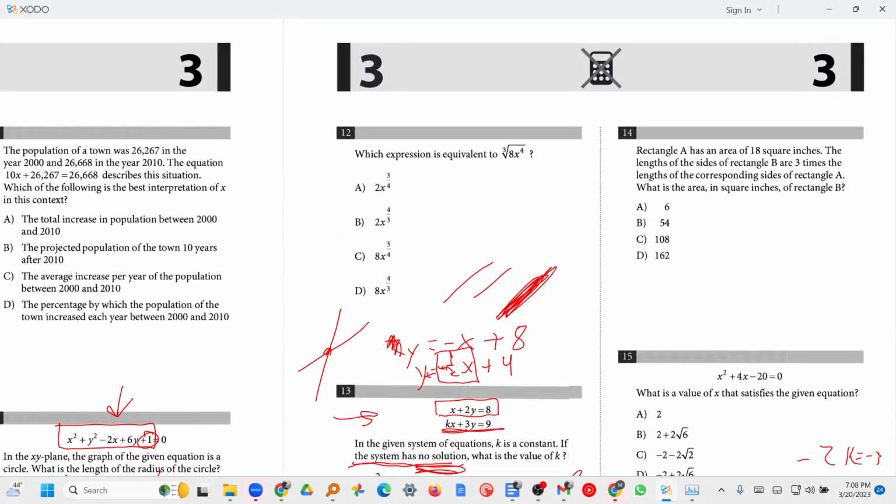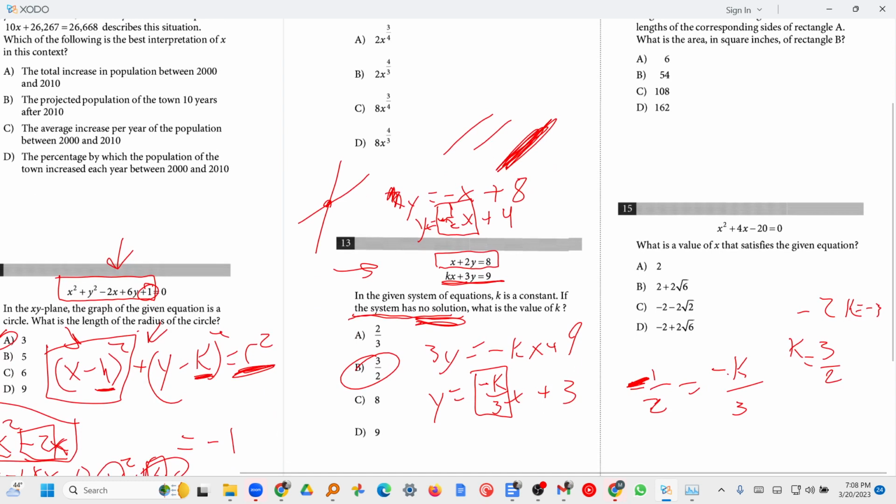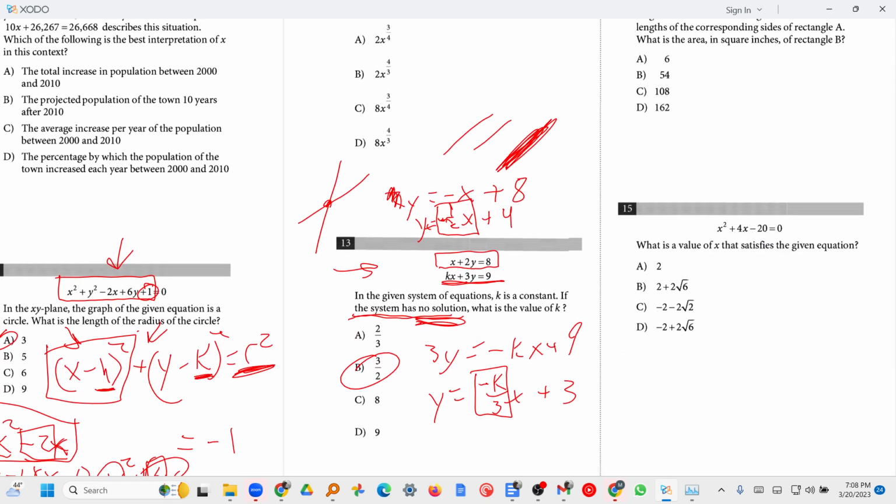Okay, and let's see, the next one that you had was, is this number 15? Okay, so this is another one that's sort of tricky. They've given me a quadratic, and they want me to solve for x. I might try plugging 2 in, because it looks easy enough to plug in.